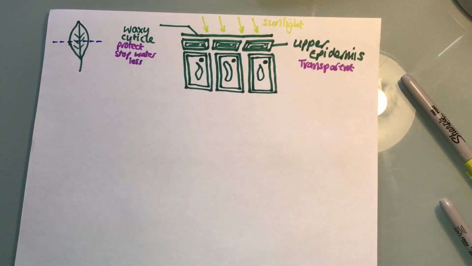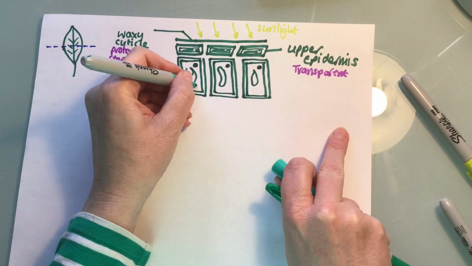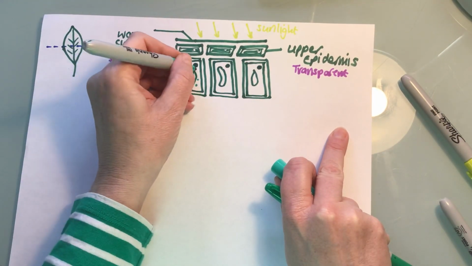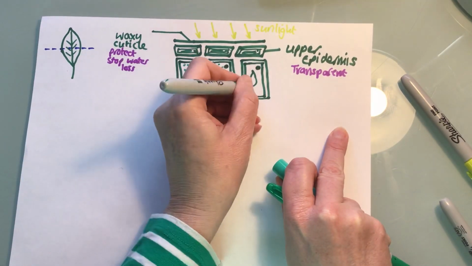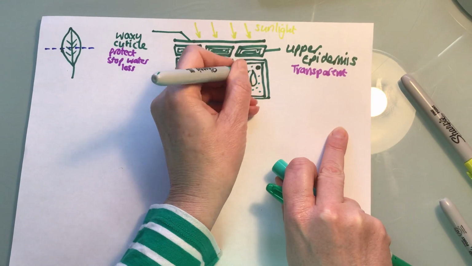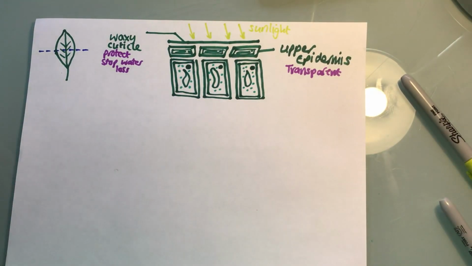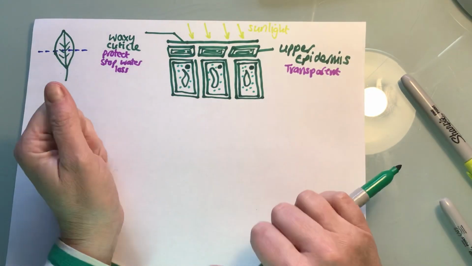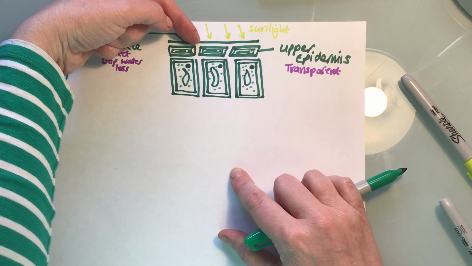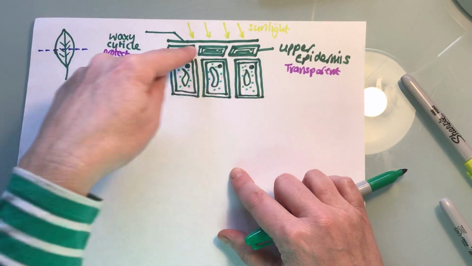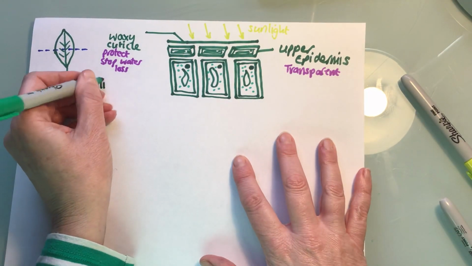And they've also got lots of organelles called chloroplasts. Now, if you remember, the chloroplasts are the organelles inside the cell where photosynthesis happens. So the light comes in through the top of the leaf, through the clear epidermal cells, and it hits these palisade cells.